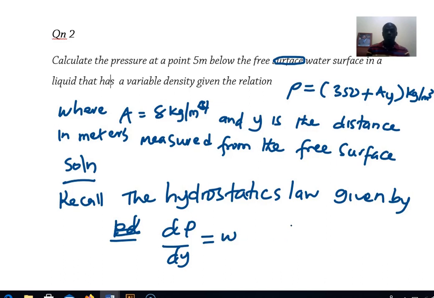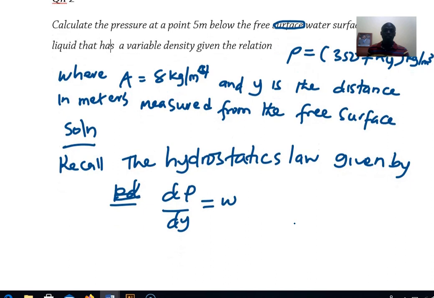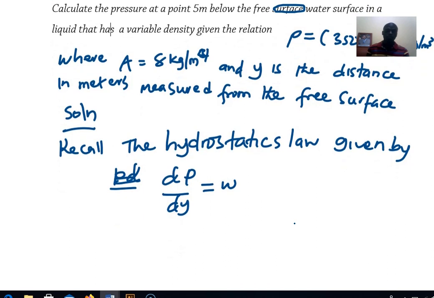Having stated that relation, dP is therefore equal to w dy.